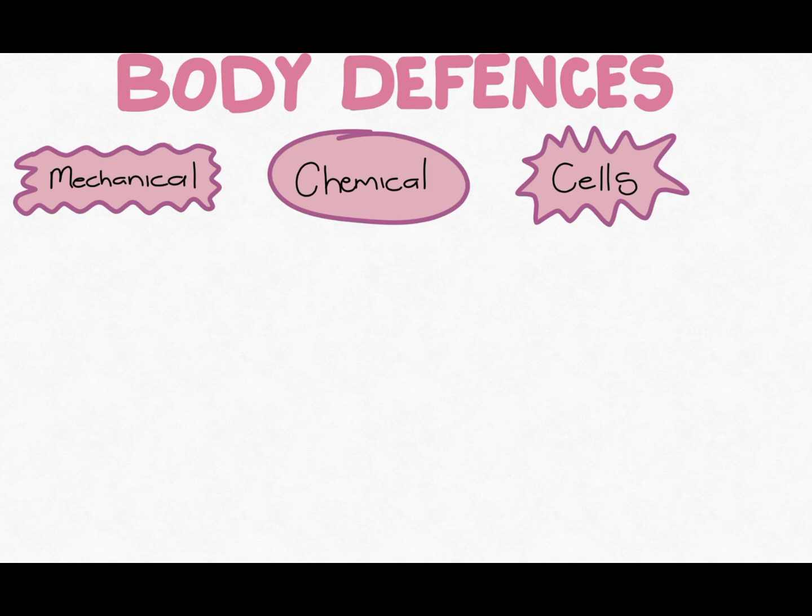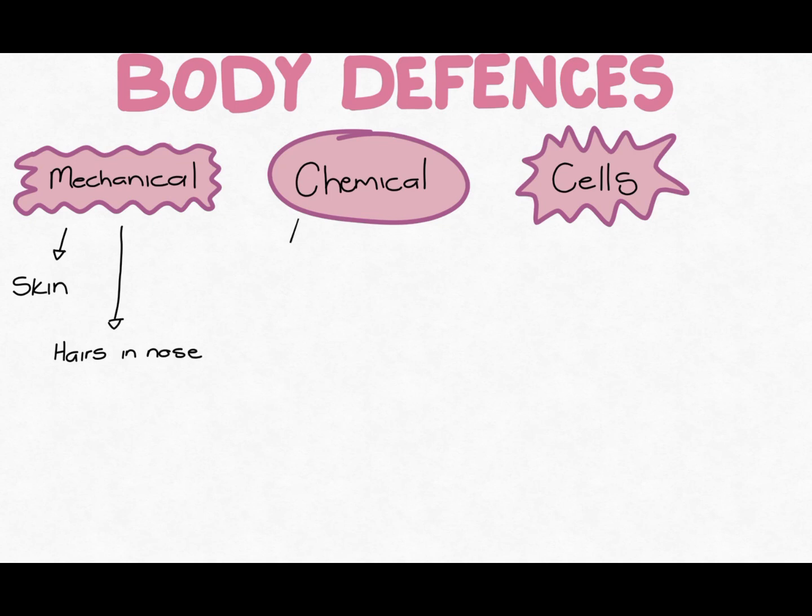Now, our mechanical barriers include our skin, which covers almost all parts of our body to prevent infection from pathogens. So if a cut or a graze occurs, it immediately begins to heal itself, often by forming a scab. Another mechanical barrier is the hairs in our nose. These make it difficult for pathogens to get past them further up the nose so that they're not inhaled into the lungs.